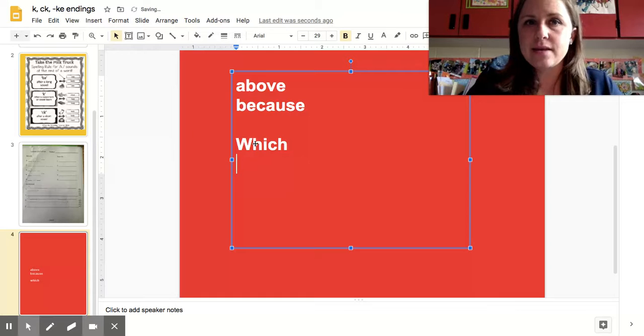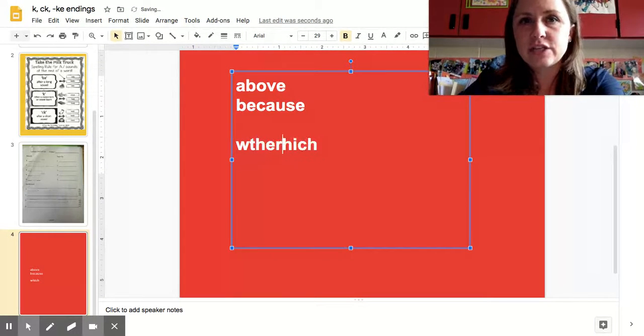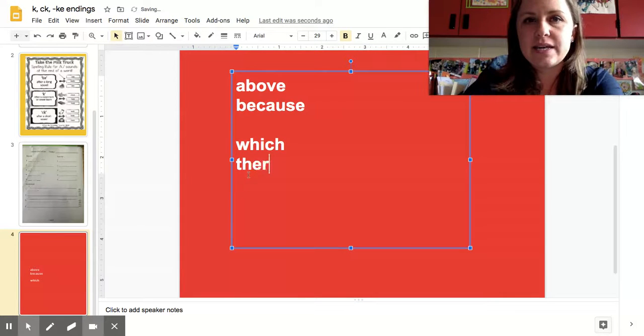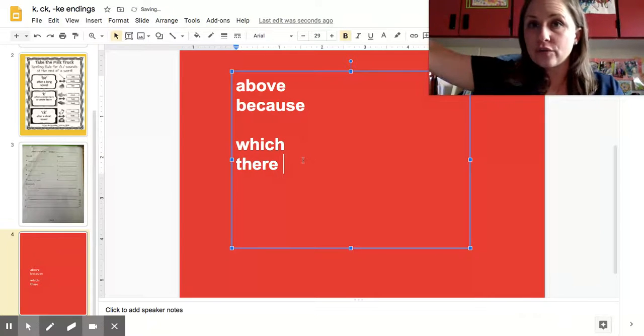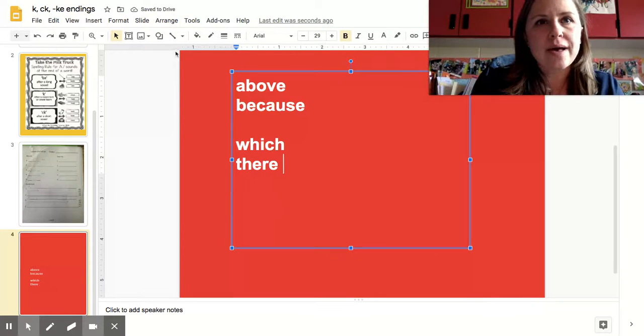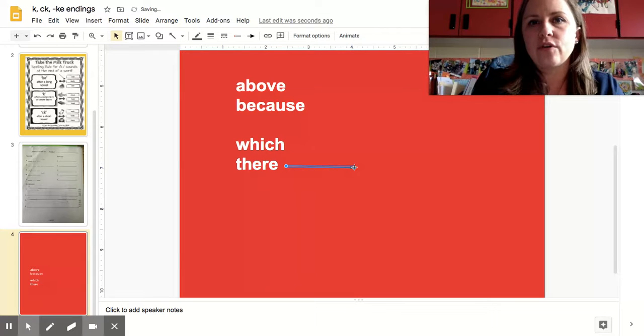And there, T-H-E-R-E. Uh-oh. T-H-E-R-E. All right, so this there is like, let's go over there. So I'm going to put an arrow in here kind of as a reminder. Let's go over there.